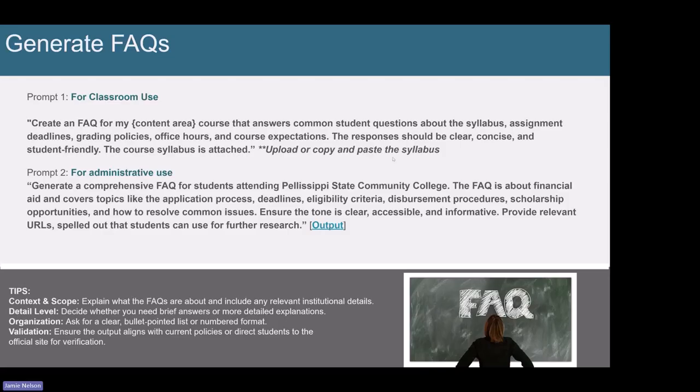Okay, so I'm asking for a lot there. So first, let me explain that as long as information is publicly available on the web, then these tools will access it and pull information from it. So I'm pointing it to Pellissippi State, and it's going to go find the information on their website if it's embedded there, and pull back the information for me.